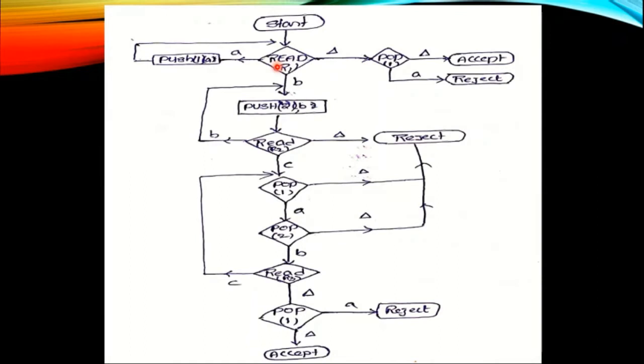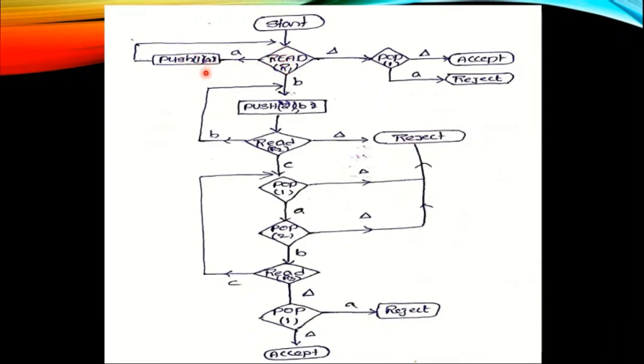So when we read A's, we perform the push operation into stack 1. From this state, when we read A as input, we perform the push operation, and the A symbol will be pushed into the stack. Which stack? Within braces we mention stack 1, the first stack. So when we read input A from the R1 state, we perform the push operation into stack 1.